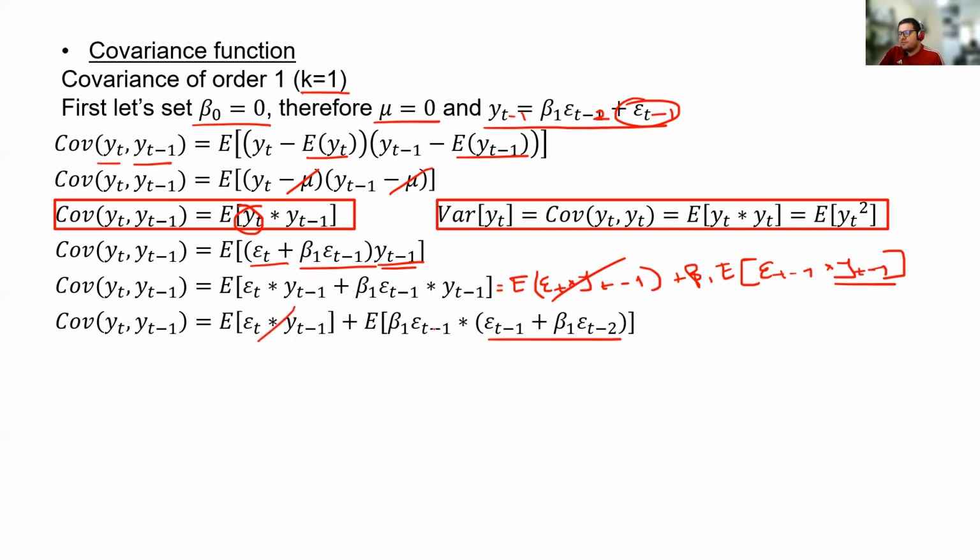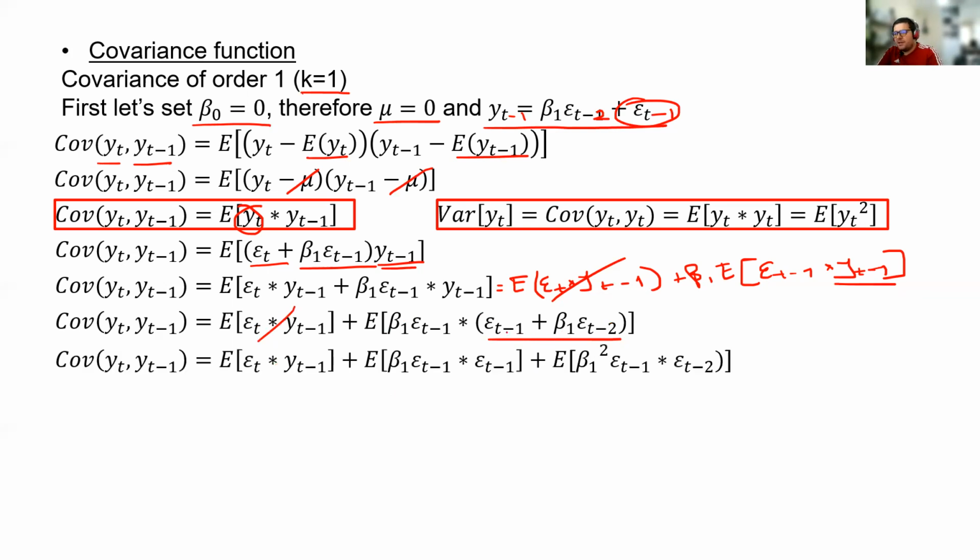But in here, we still need to multiply all of these and keep opening this bracket. Again, this will come to 0 eventually. So we'll start with beta 1 et minus 1 times et minus 1. So that's our term here. Plus beta 1 times beta 1, so beta 1 squared times et minus 1 times et minus 2. So we're left with this term in here.